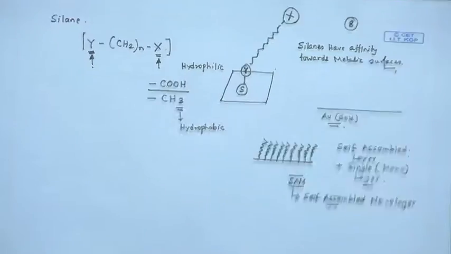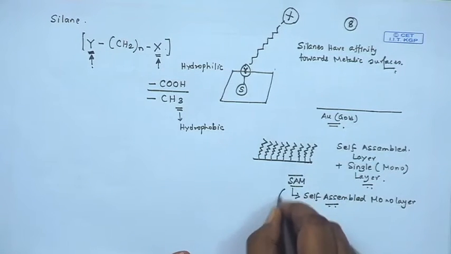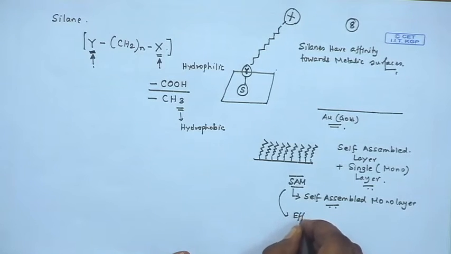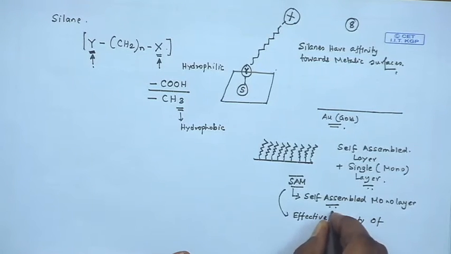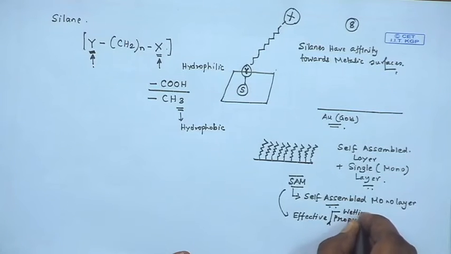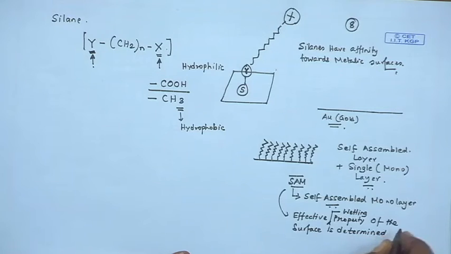So, what can you say once the self assembled monolayer has formed? All you can say is that now the effective property of the surface, in fact the wetting property of the surface, is determined by that of the SAM molecules.